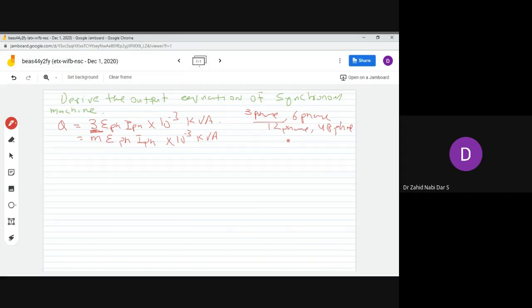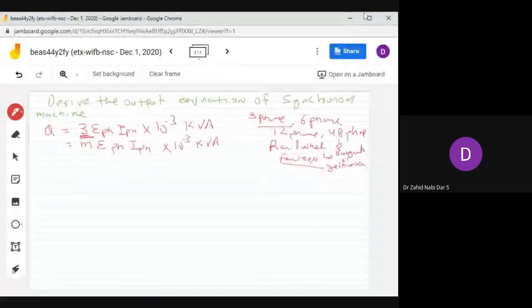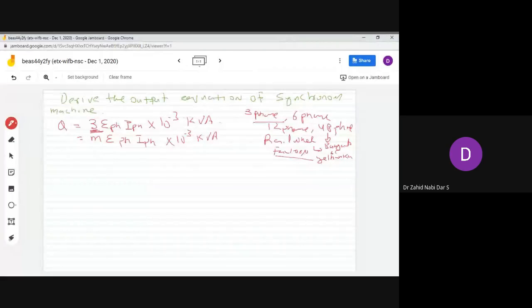If you go to the Rail Wheel Factory of India, where the wheels of the rails are manufactured, located in Bangalore, Yelahanka, I did my final year project there. In those days I got permission to do my project. There you will encounter a 48 phase system.